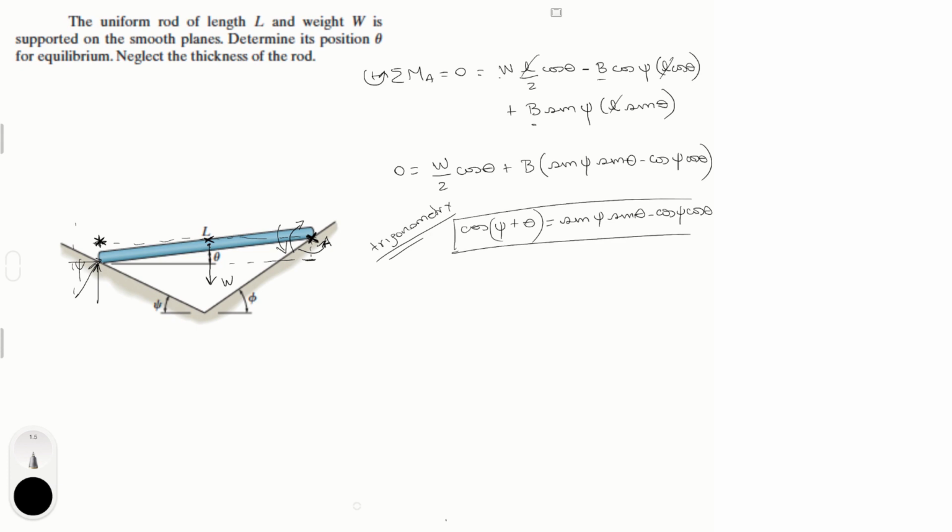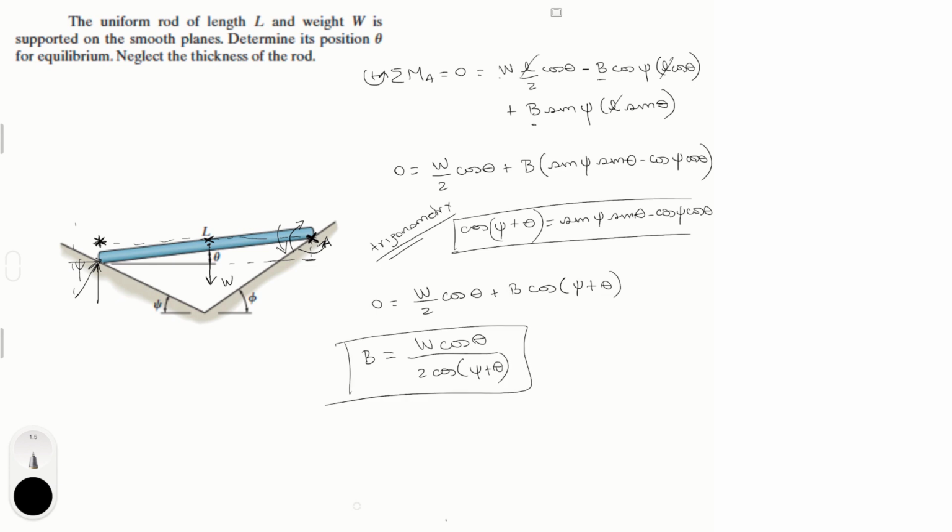So I'm going to replace that. 0 is equal to W over 2 cosine of theta plus B cosine of psi plus theta. And if you solve for B, you get that B is equal to W cosine of theta over 2 cosine of psi plus theta.